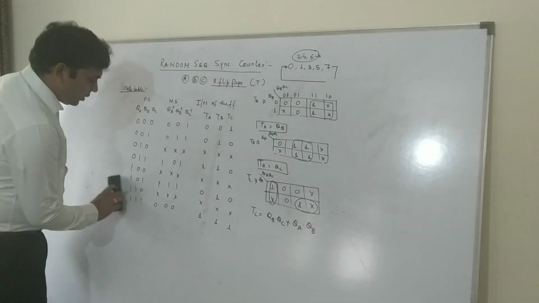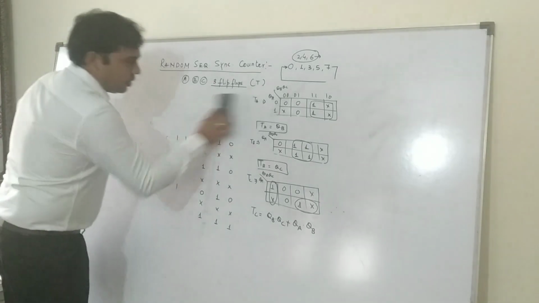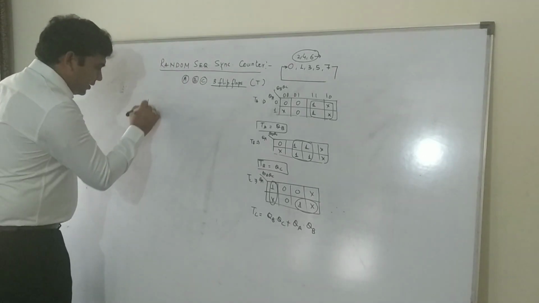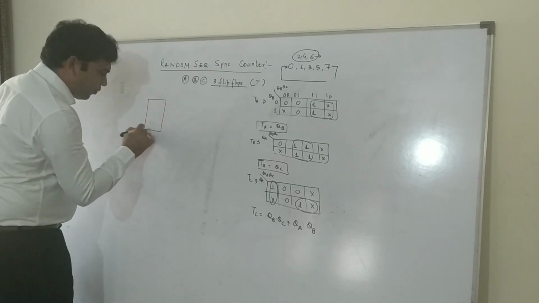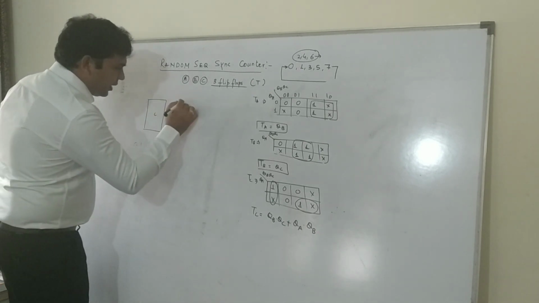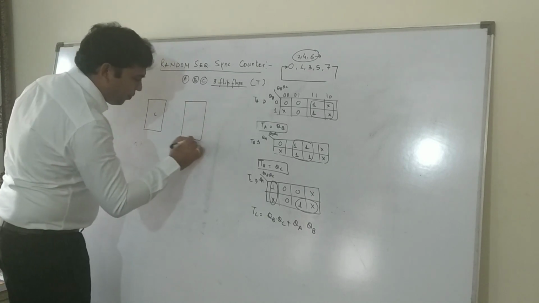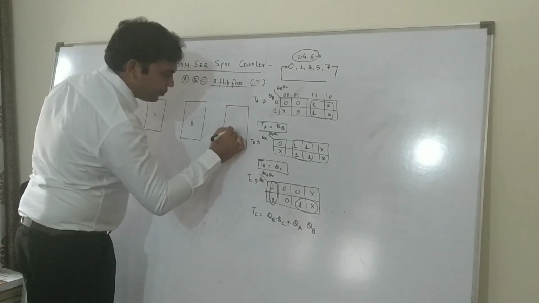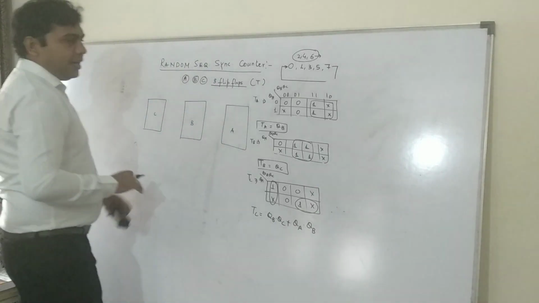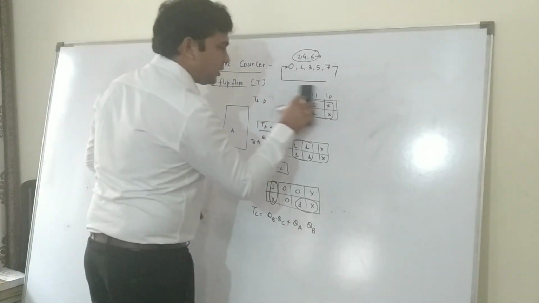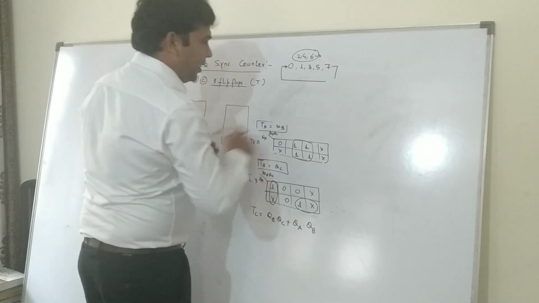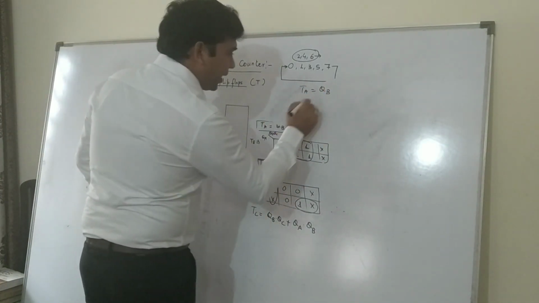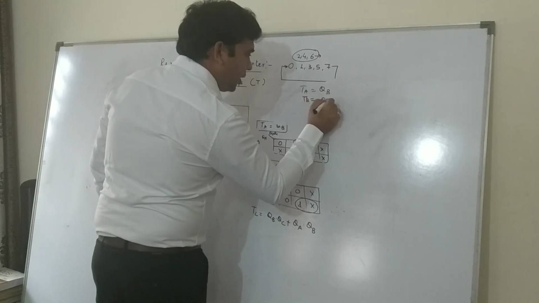Okay, now draw the circuit. Let's say I have a C flip-flop, a B flip-flop, and an A flip-flop. Okay, and now I can remove this. The TA I can write here, TA is equal to QB. TB is equal to QC.